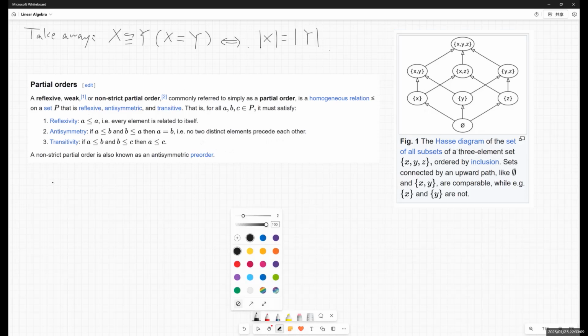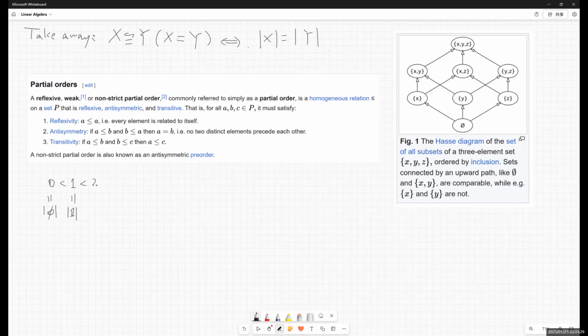The minimum cardinality is 0. That is the cardinality of an empty set. And then 1 is the cardinality of every singleton.